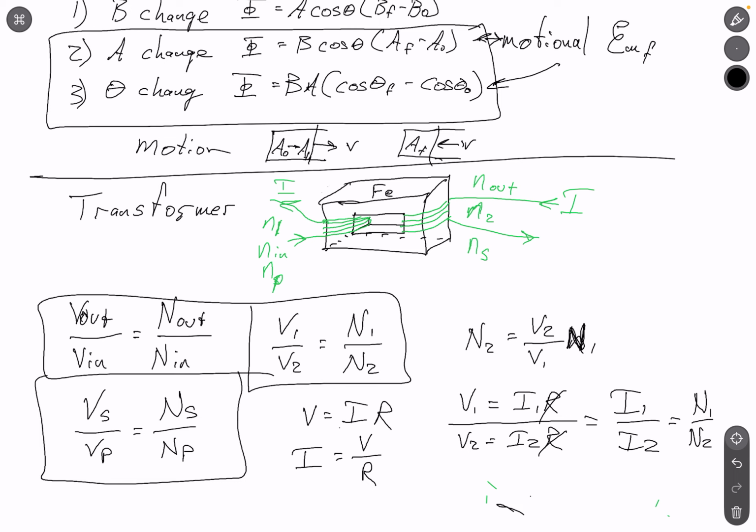V equals IR. This is I1, this is I2. How come I'm doing this wrong?